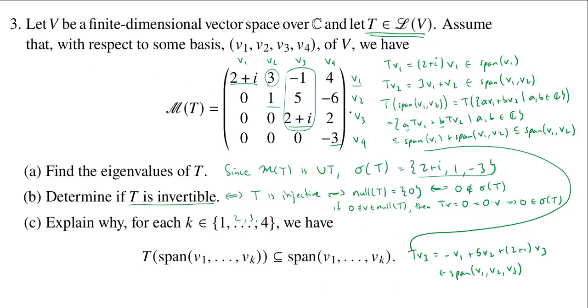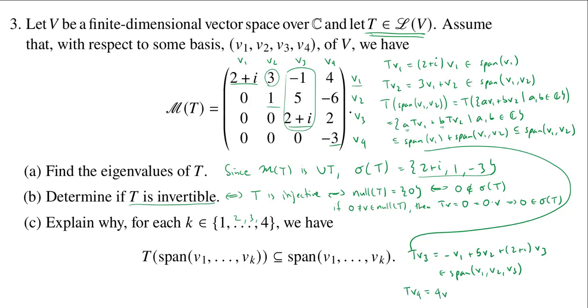Using T v1, T v2, T v3, the same argument shows that the T image of the span of v1, v2, v3 will be contained in the span of v1, v2, v3. And finally, you look at T of v4, and of course, this is definitely just in the span of all of the vectors.